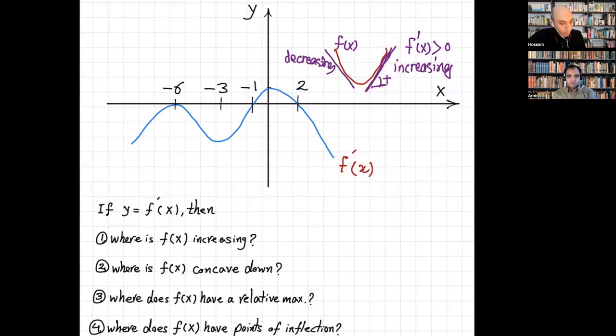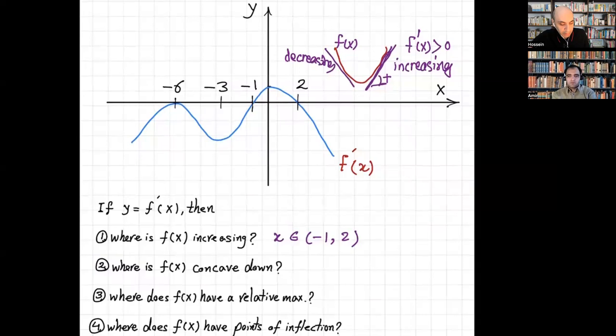So the interval that we have is from -1 to 2. Where x is between -1 and 2, f prime of x is positive, and as a result, f of x is increasing.